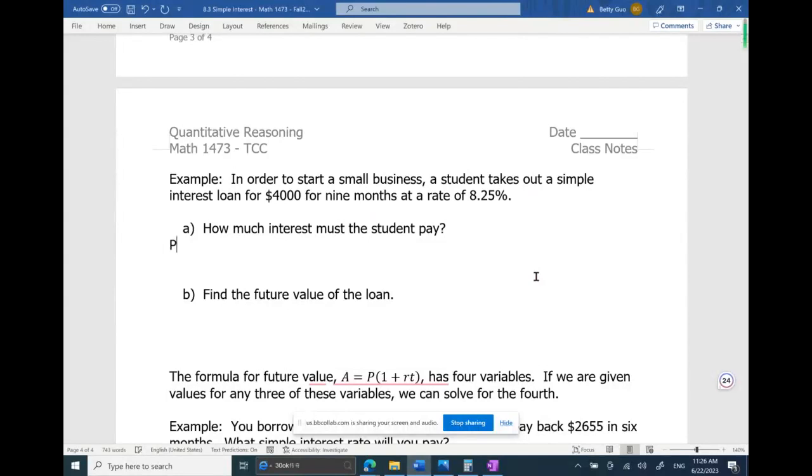Okay, P equals 4,000. R equals 8.25%. Convert 8.25% to its equivalent decimal. We have 0.0825.